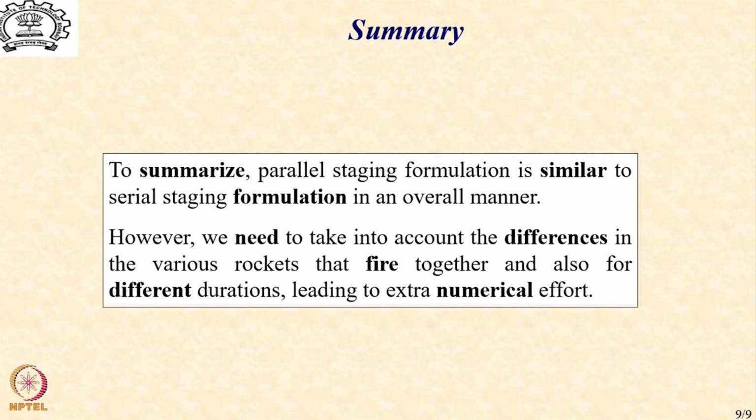And you realize that this is going to involve a little bit extra numerical effort just to arrive at this information, after which we can make use of already developed relation to design a rocket which is a combination of both series and parallel staging.